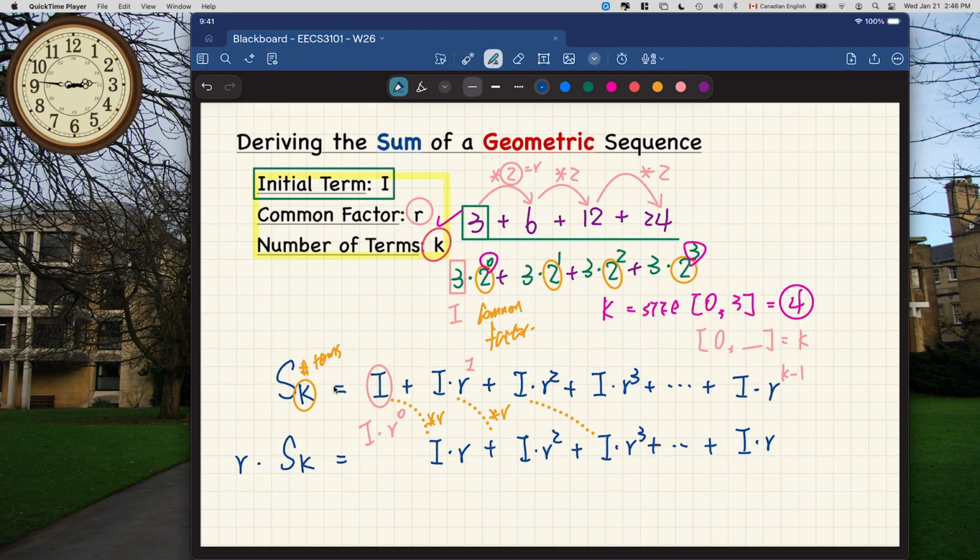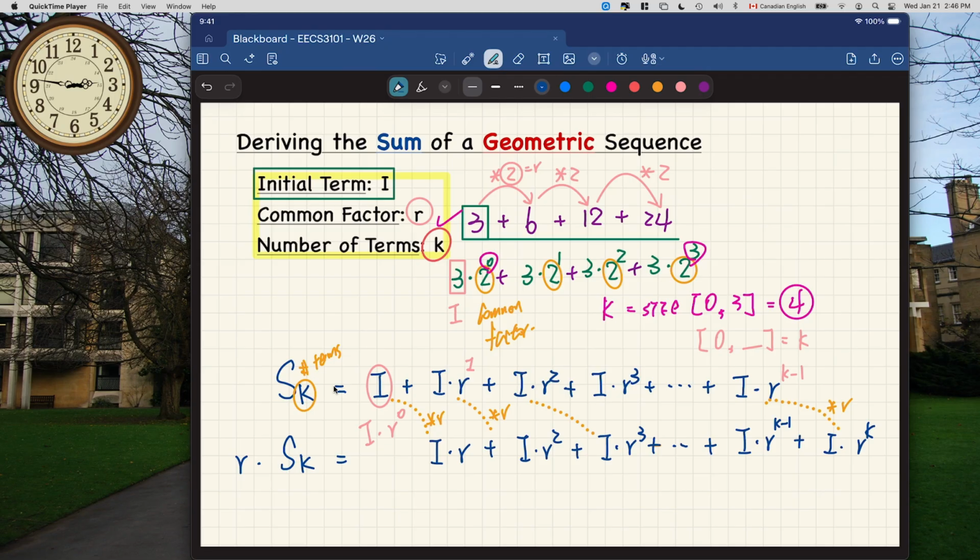So what will be the last term? I got one more term, right? That will be this one here multiplied by r, which would be I times r to the power of k. This would be k minus 1, I just missed that. All right?